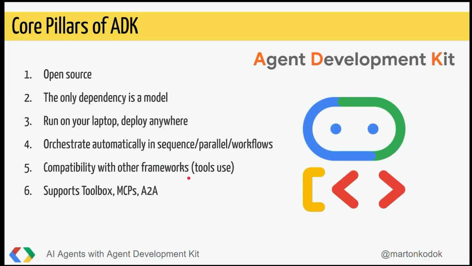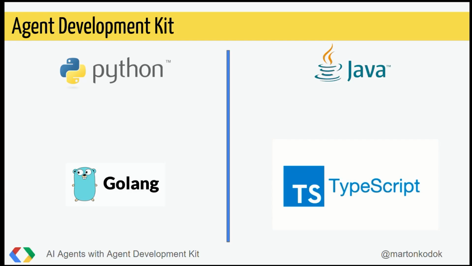This works when the company, for example, has something that has been built with another framework as well. Supports toolbox, MCPs, A2A, agent-to-agent protocol, skills, sub-agents. I can add much more stuff here because this is evolving so much into a full suite.